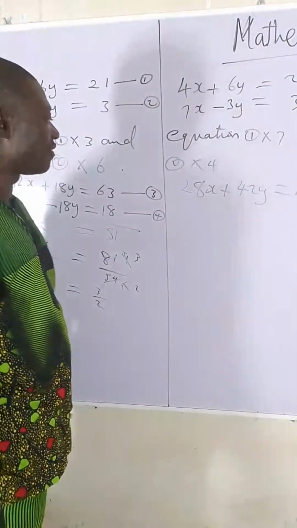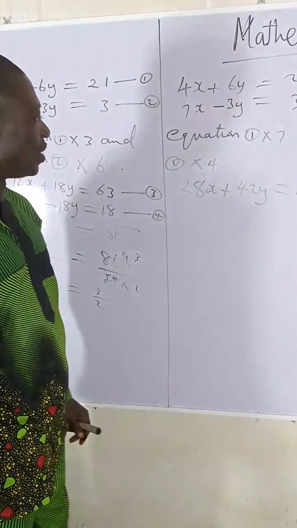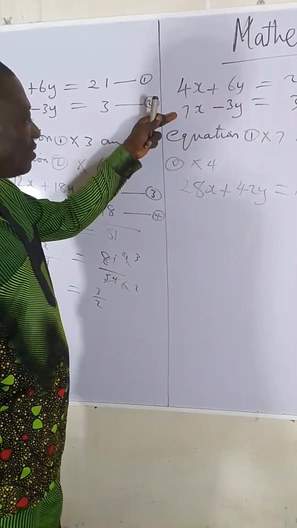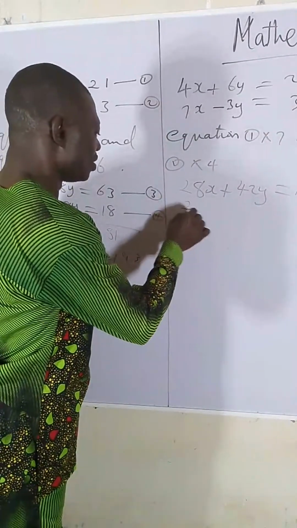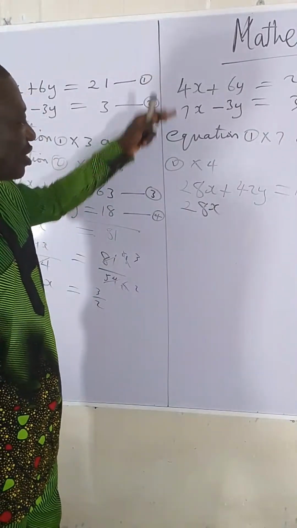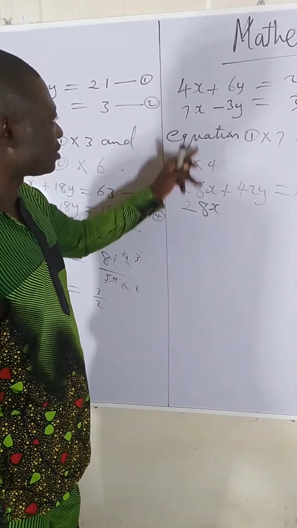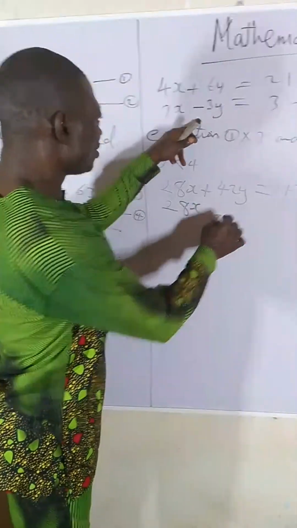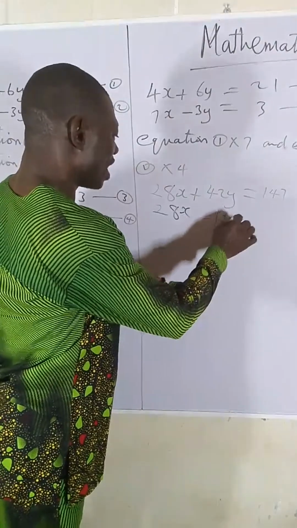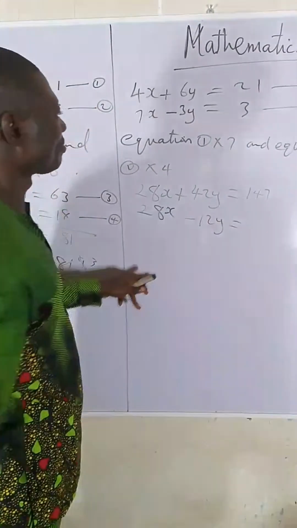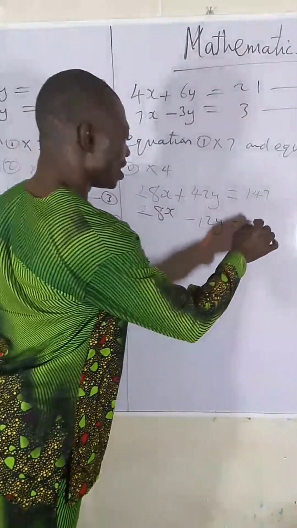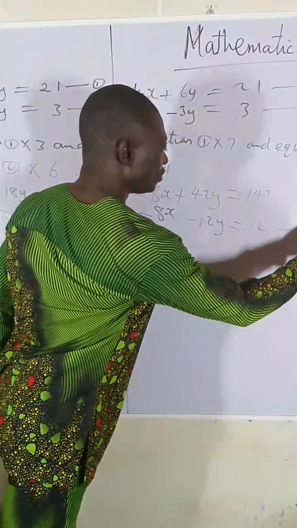So we have here again 28x, because 7 times 4 is 28, minus 3 times 4, 12y, is equal to 3 times 4, which also gives us 12. And this becomes equation 4.